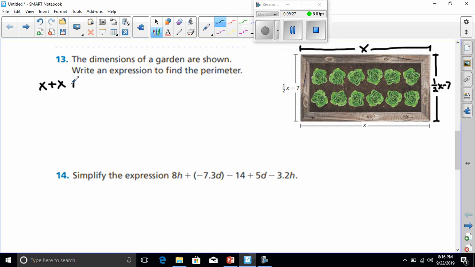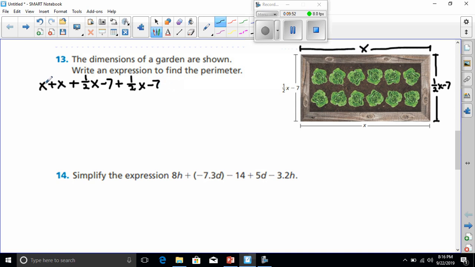So remember, we're adding all these together, plus 1/2 x minus 7. And since I have another one, I have to add that again. Add 1/2 x minus 7. And now it's time to combine terms.